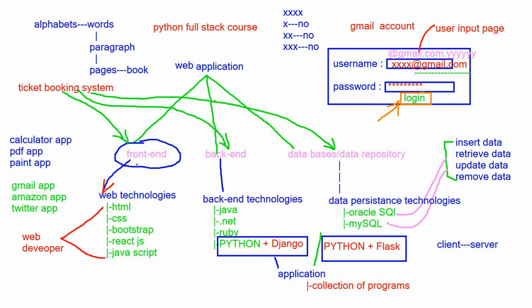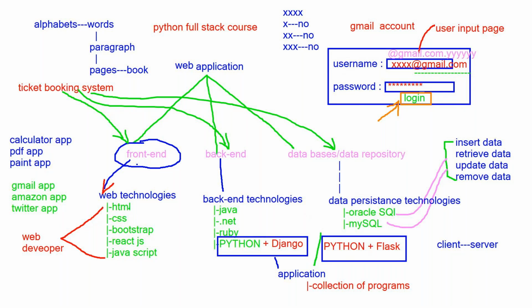So in tomorrow's class we are going to start with Python first. After that, Django. After that, Python with Django, then Python with Flask. After that, we will be introduced to these persistency technologies. After that, again, we will come back to web technologies.